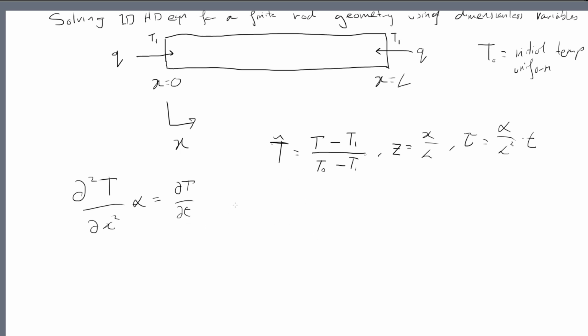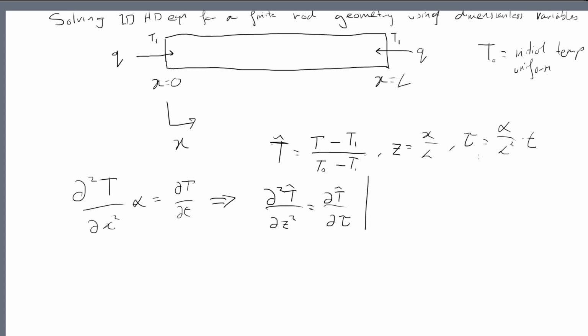So I'm going to rewrite the heat diffusion equation in terms of non-dimensional variables, and I'll show you how to do that in a different video, but for now take my word for it that it's going to equal this. You can see that the alpha term, the heat diffusivity, has dropped out of the equation, and is contained within tau, the non-dimensional time.